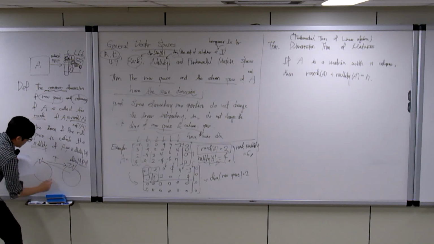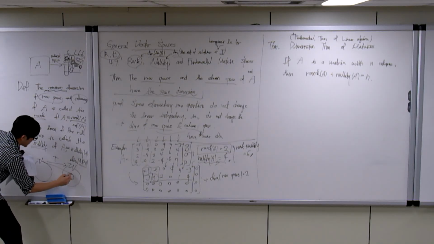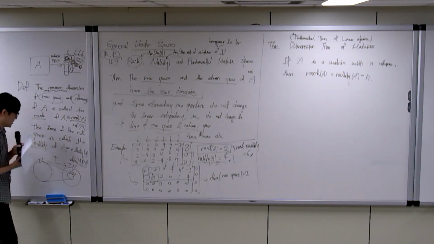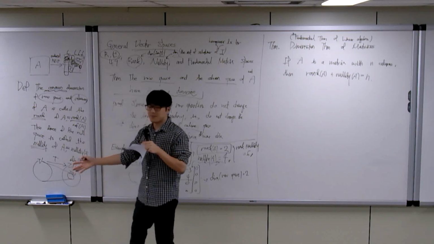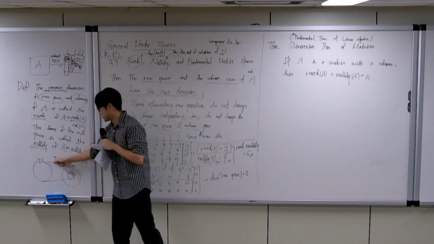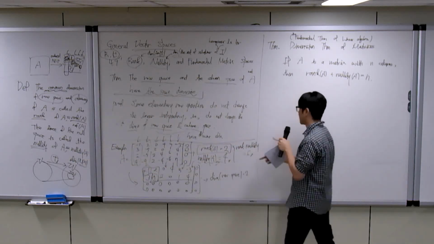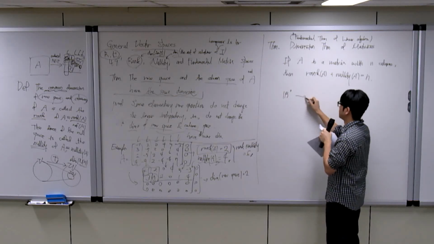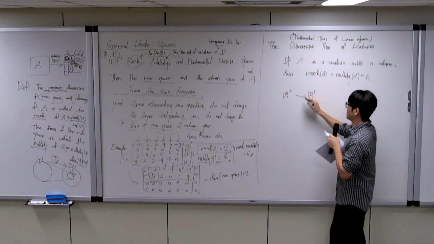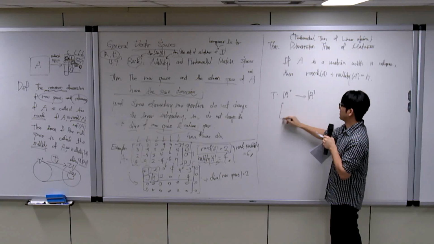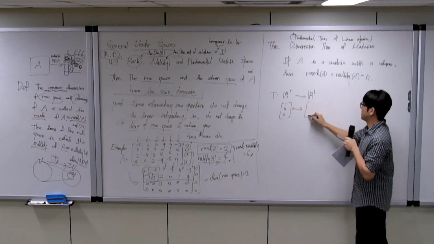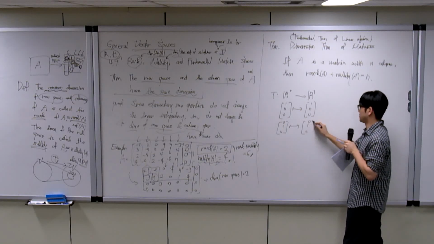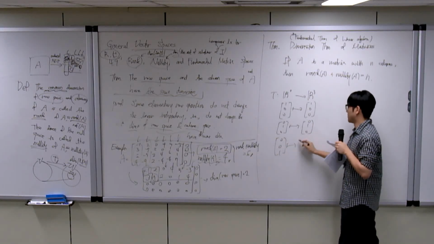Then V goes into the space W, and some vector space will collapse under the linear transformation T. For example, consider a linear transformation from R3 to R3 that maps to 0, 1, 0, and 0, 0, 1, leaving the 0 vector.